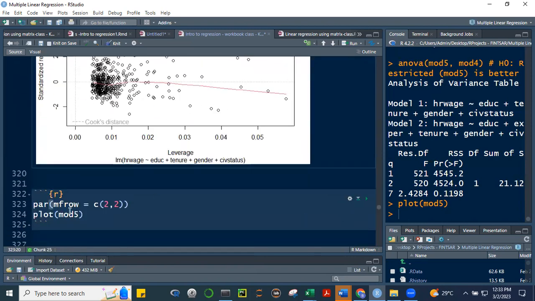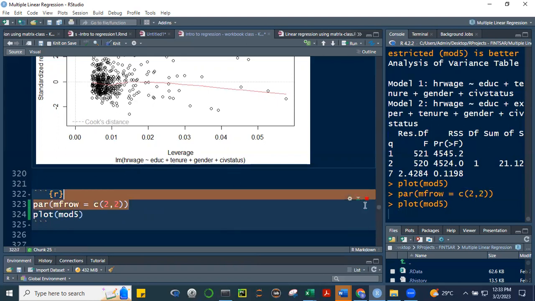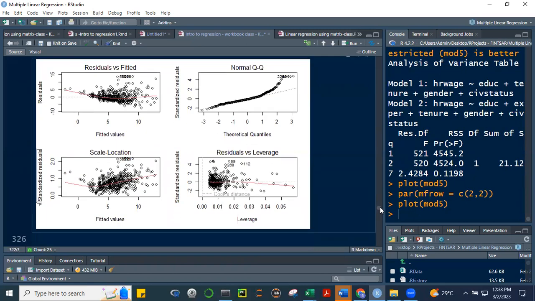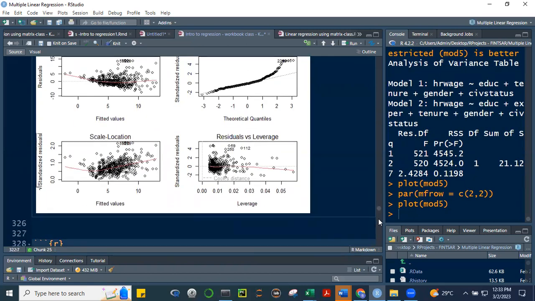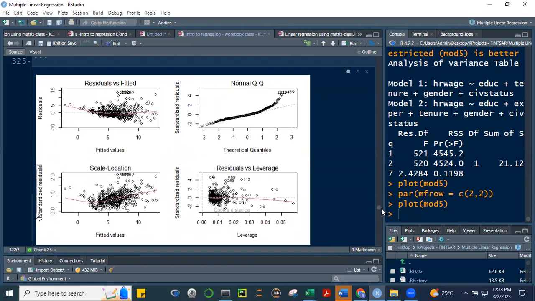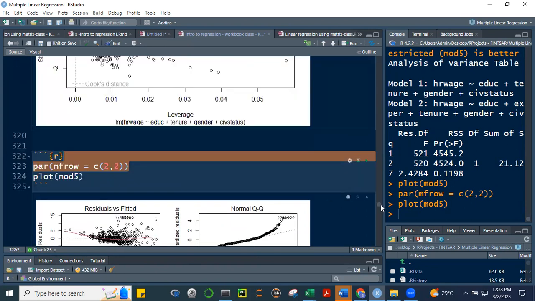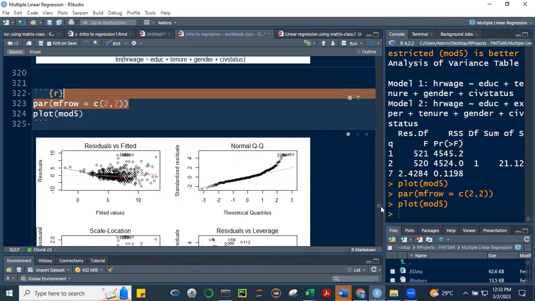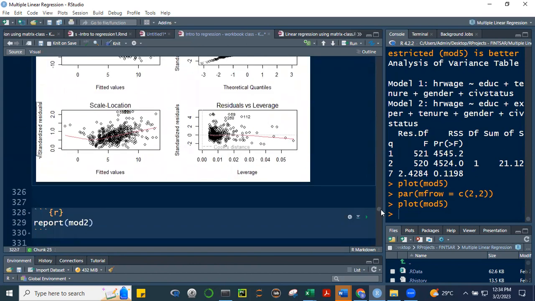If you want to partition it in such a way that 2 by 2 lalabas siya, 2 rows and 2 columns, i-run natin to. Okay, then you can now see all the plots in one. Ayan. In one lang siya, hindi yung iisa-isa natin. So sa isang plot, makikita natin siya dito. Okay? All right. So this is now diagnostics, no? And then we will go to this in greater detail next time.